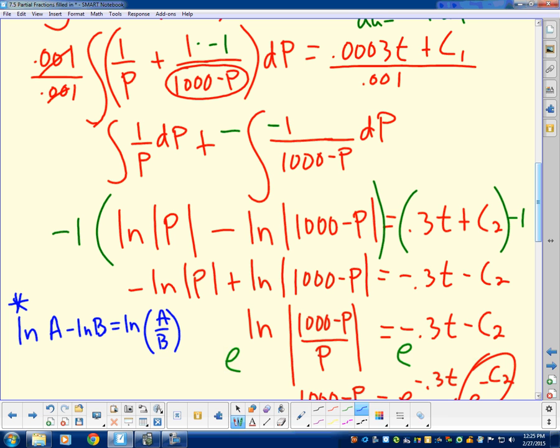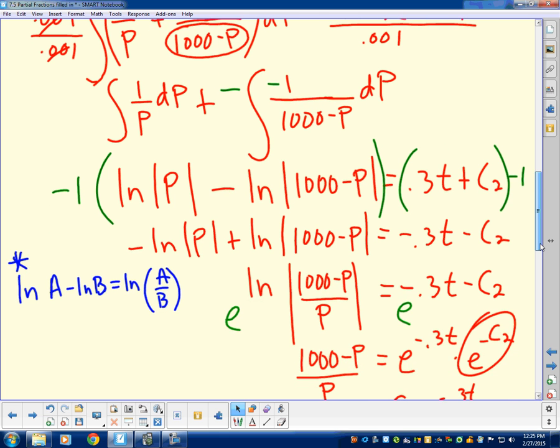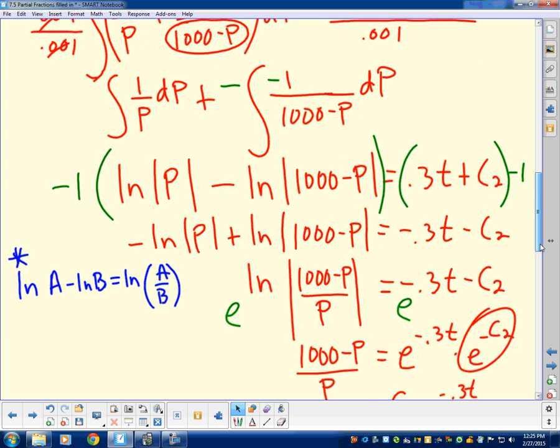That's what I'm using to rewrite this logarithm. It's this thing over this thing. So it's 1,000 minus p over p equals negative 0.3t minus c sub 2. And then to get rid of the ln, I'm going to exponentiate each side.